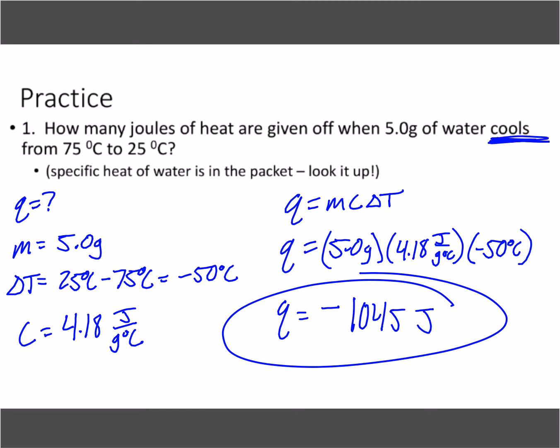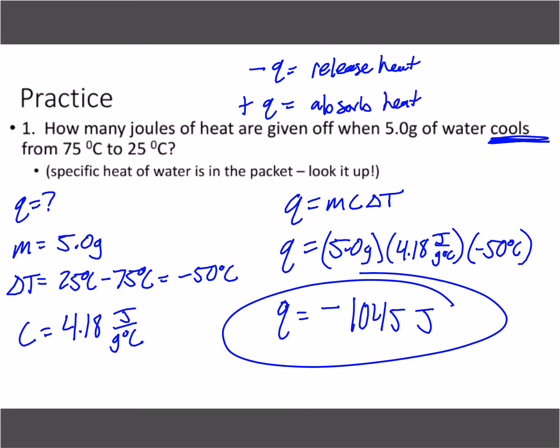When you cool something, you release heat. So you're going to end up with a negative Q. A negative Q value means you lose heat. A positive Q means you gain heat. So negative Q equals release heat. Positive Q means you gain or absorb heat.